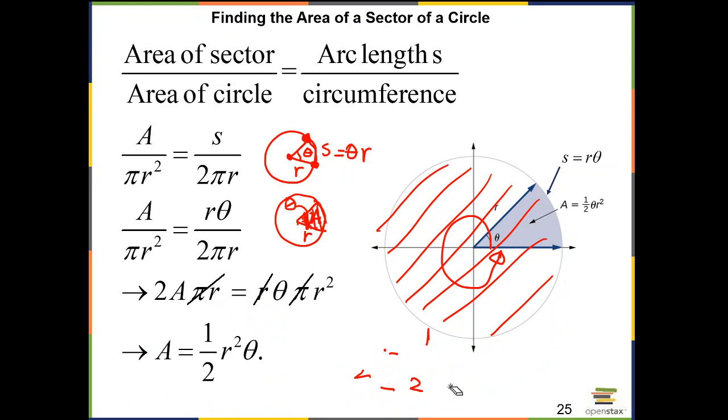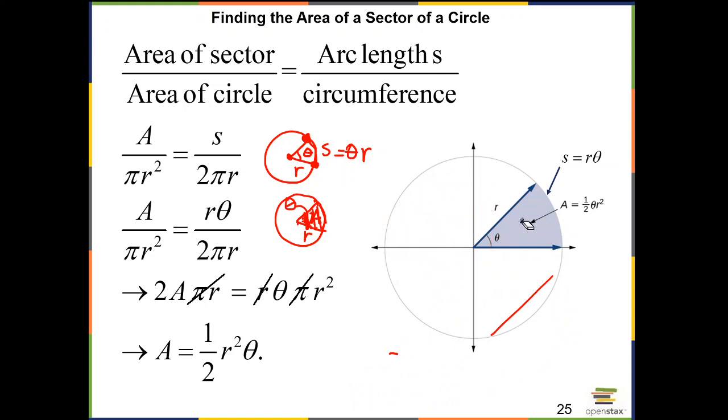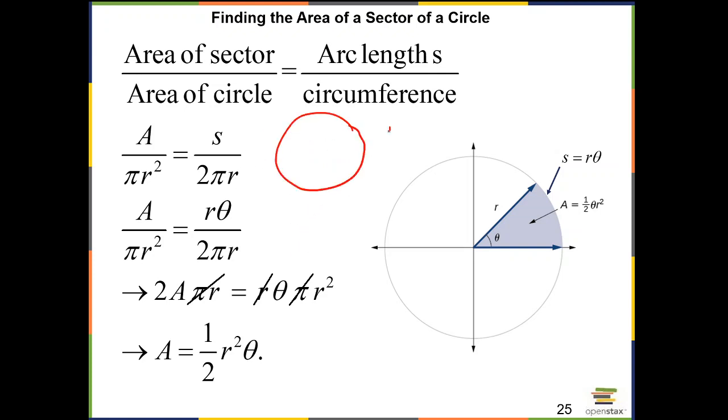Now, another way to prove this formula is to think of the circumference of a circle divided, right? So let's say this is the circumference of a circle and this is S. Now, S divided by circumference has to be the same as the area of this slice, which is A, divided by the area of the whole circle, right?